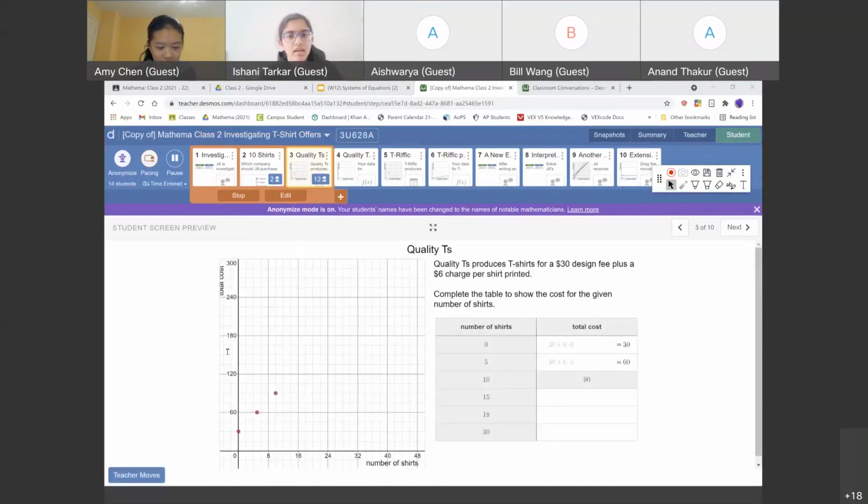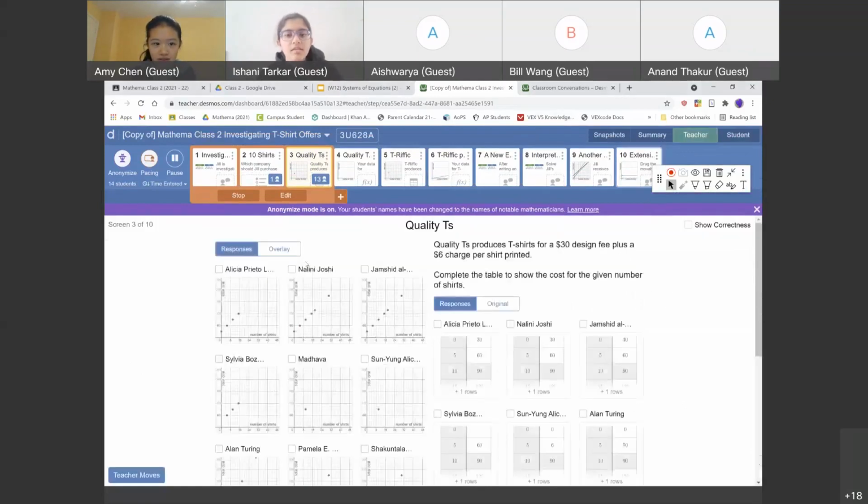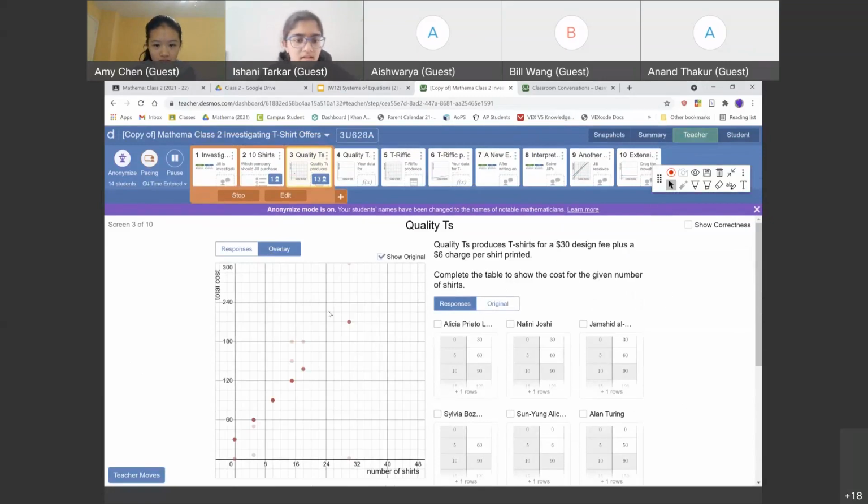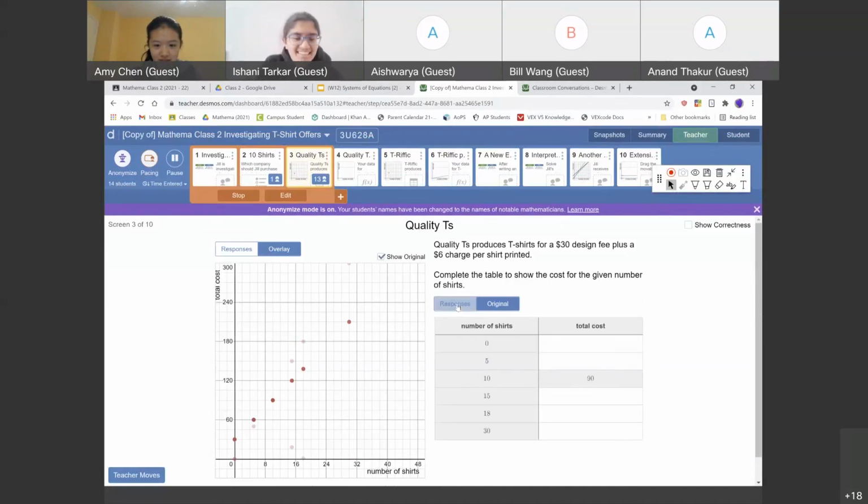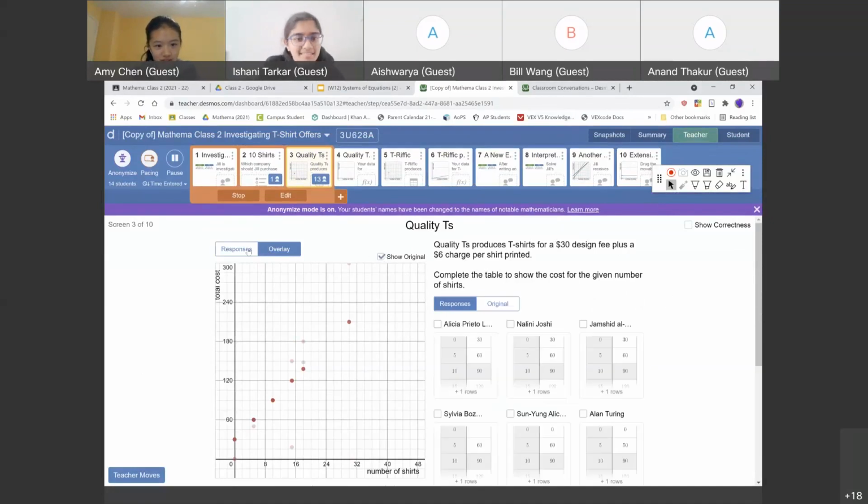You can click overlay if you go to the teacher tab, and then you can see everybody's. Oh, okay. You really know this, Desmos. Okay.